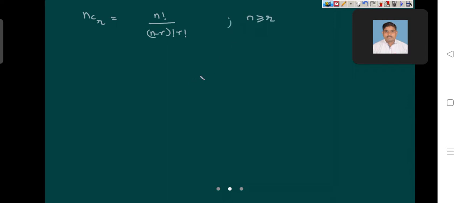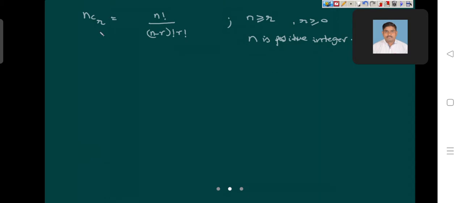The r value must be greater than or equal to 0, and n is a positive integer. So this is the formula for nCr.